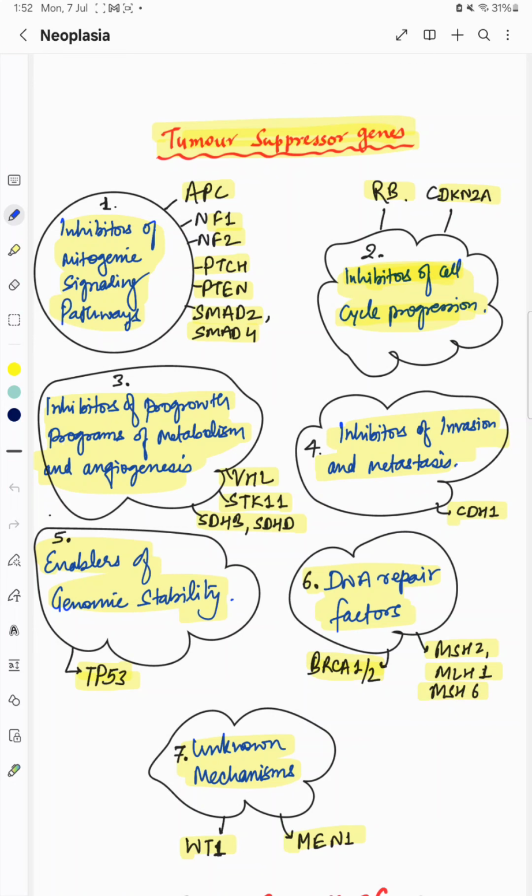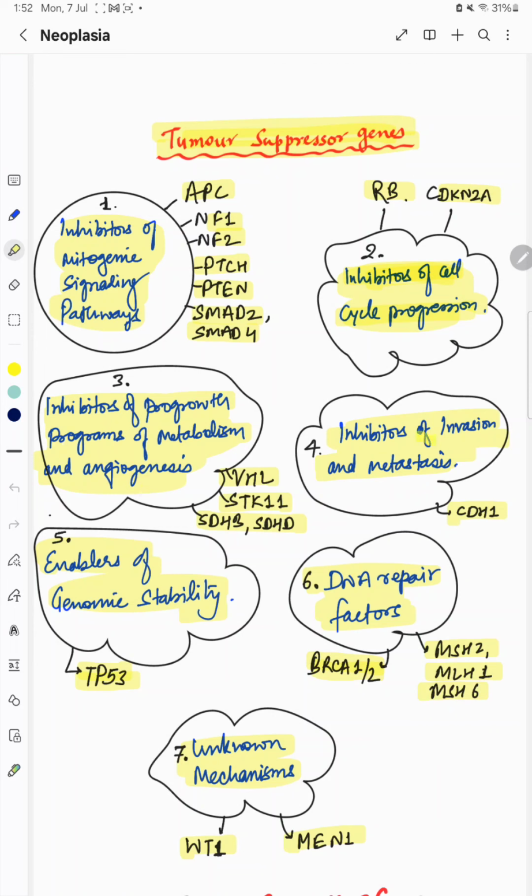We will discuss tumor suppressor genes in 7 categories. First is inhibitors of mitogenic signaling pathway. Second is inhibitors of cell cycle progression. Third is inhibitors of pro-growth programs of metabolism and angiogenesis.